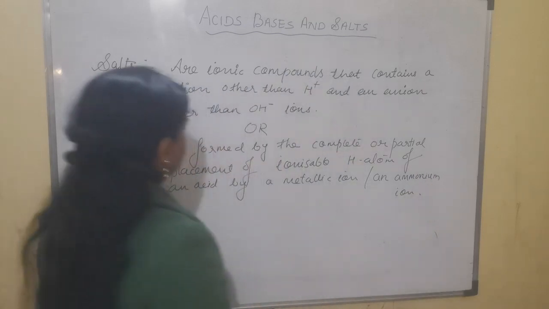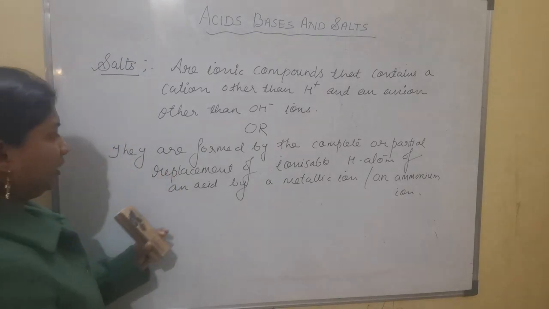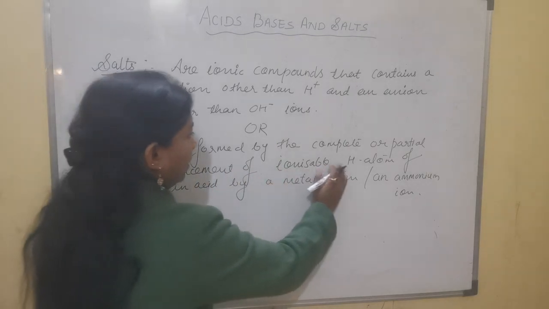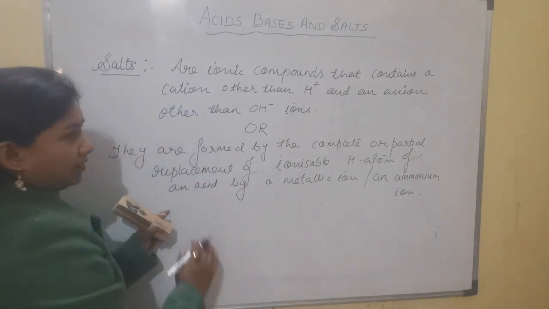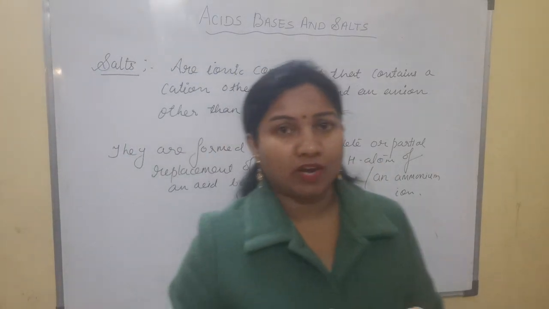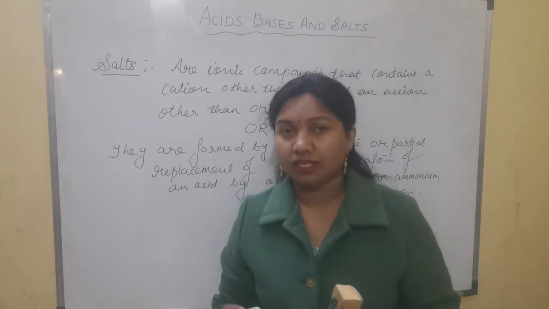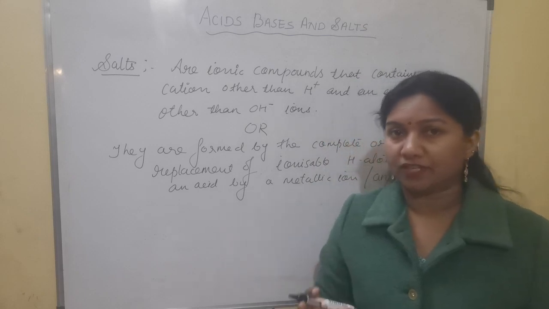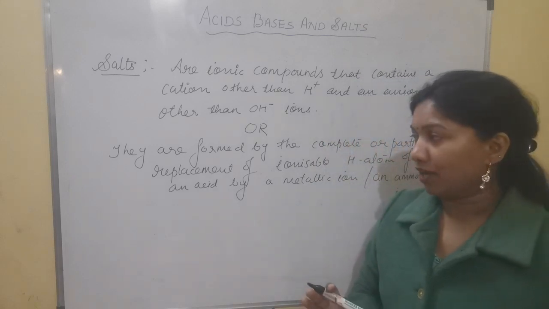Now what is this? It is formed by the complete or partial replacement of the ionizable hydrogen atom of an acid. We know that the presence of hydrogen is the most important thing for a compound to act as an acid. So acids definitely contain an H atom or hydrogen atom.